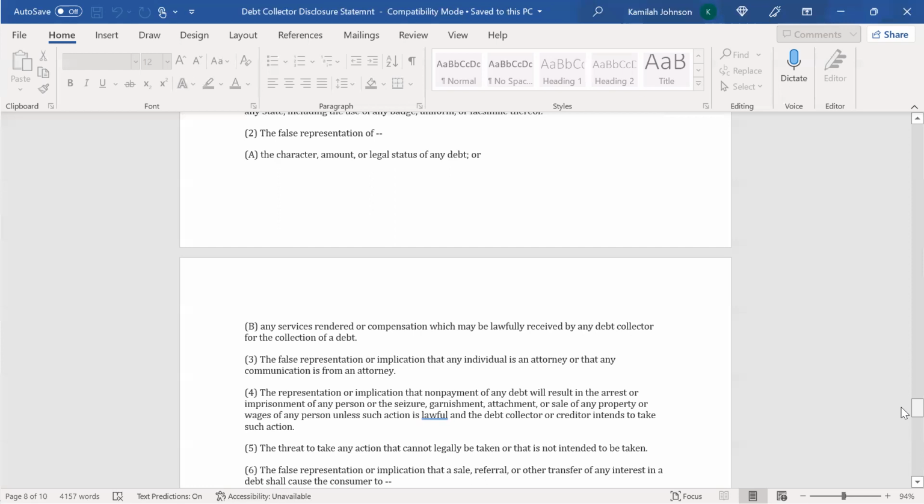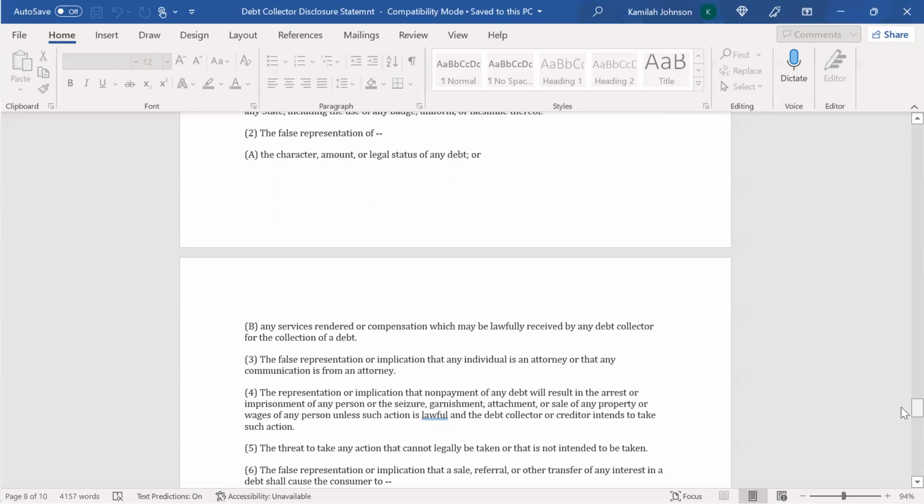You're basically letting them know that you have submitted a debt disclosure. They did not respond within the 10 days allotted. Therefore, this contract is null and void. The alleged debt is null and void. And you would also let them know that for your remedy, you want all debts cleared and to be shown as paid in full on your credit report.